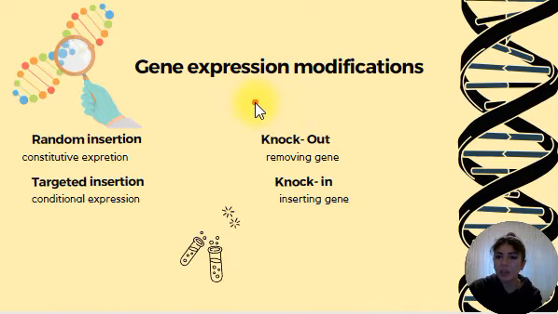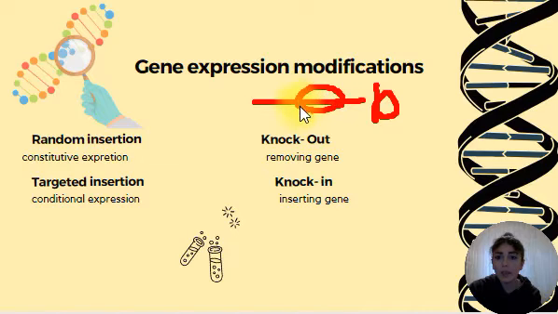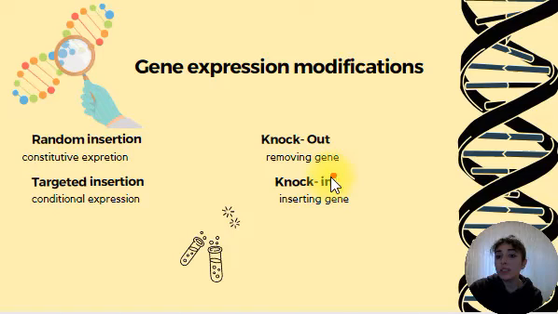So our matrix here is DNA, right? What we do with our DNA, we can knock out a gene or knock in a gene, removing a gene or inserting a gene, right? If we insert a certain gene, we can randomly insert it or targetedly insert it.